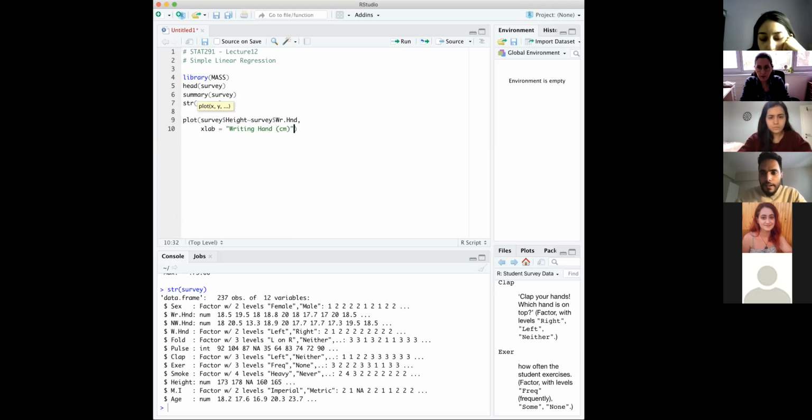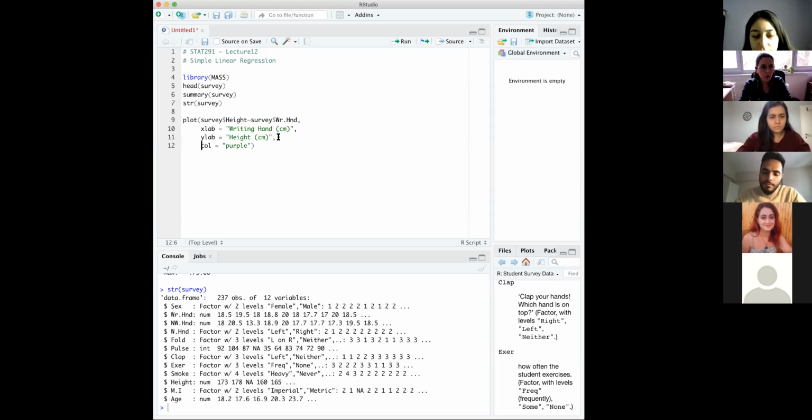And also, guys, as a ylab, sorry for that, I'm going to add height, which is also in centimeters in here. And let's see if you want to change the color in here. Let's say I want to change the color to purple since I like purple. Okay, but of course you can always play with that one.